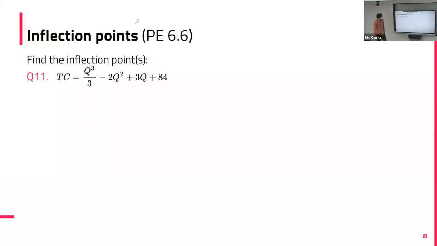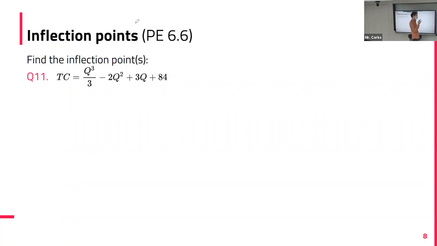So let's see if we remember from last time. How can we find an inflection point? That's how we find the turning points and then see if they are maximums or minimums.